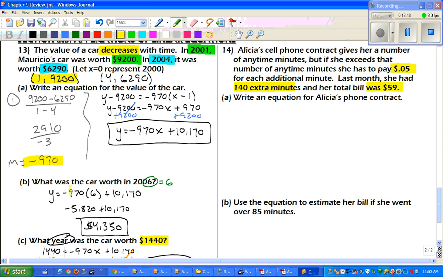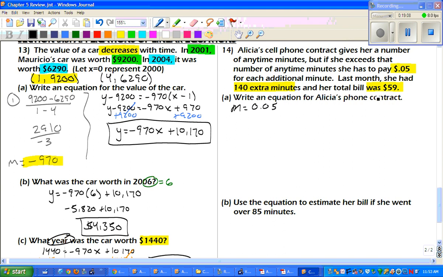Our first goal is that we have to write an equation for Alyssa's phone contract. Okay, and they give us all the information that we need right here. They tell us our slope: she has to pay 5 cents for each additional minute.